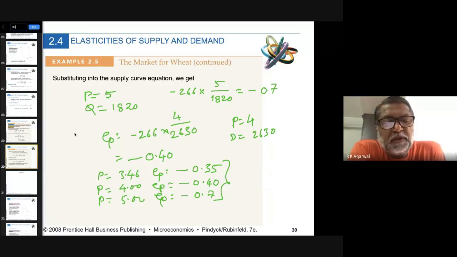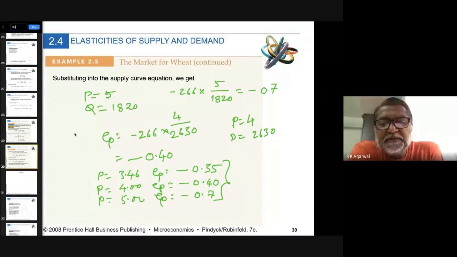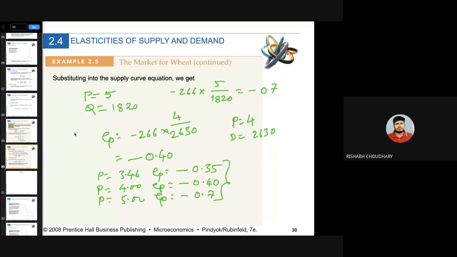Can you think of a reason, the logic behind it? What could possibly be the logic? When price is high, elasticity is also high. When price is low, elasticity is also low. Why is that so?